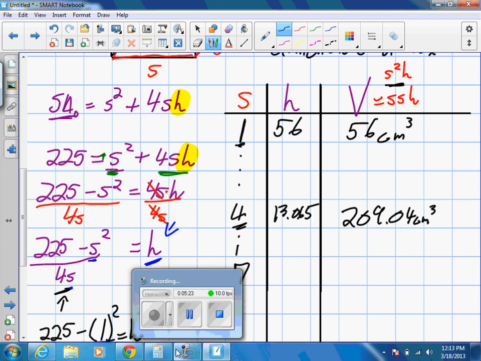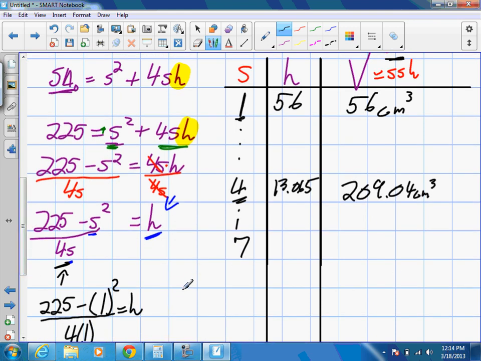I'm going to tell you what the height will end up being. When it's 7, the height is going to be 6.85, which is going to make our volume 308. Okay? So this is good. 7's a good one.